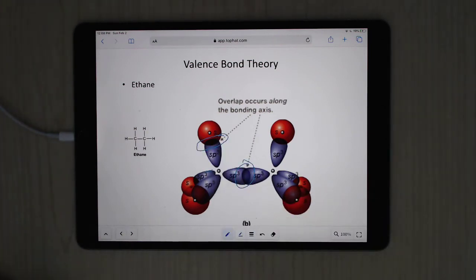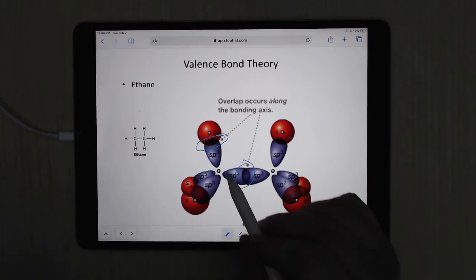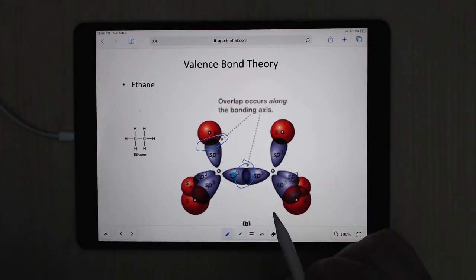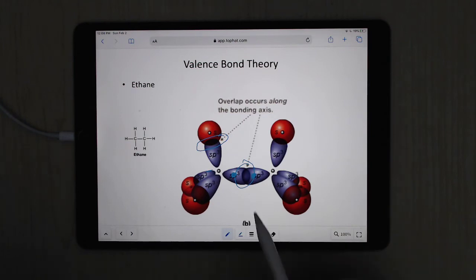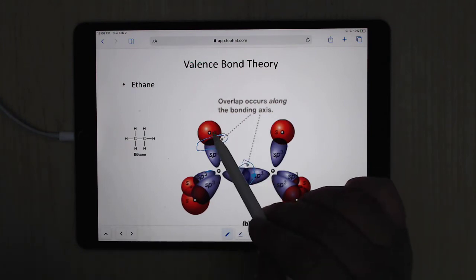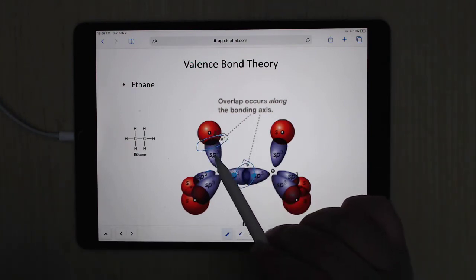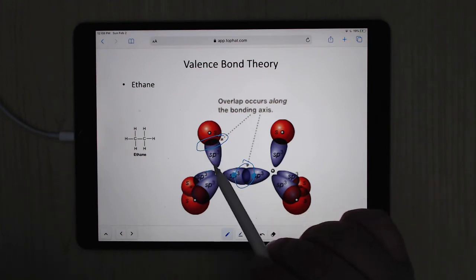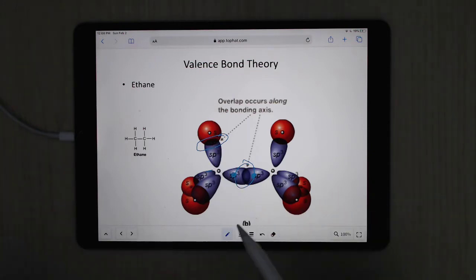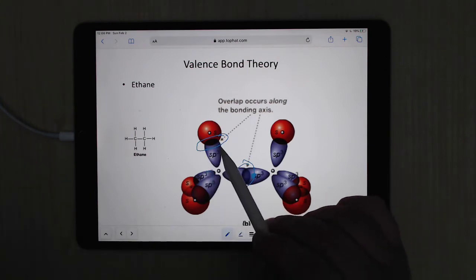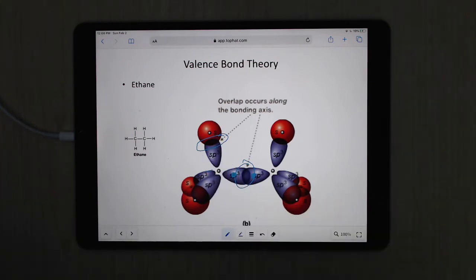If you have 1 electron in this orbital and 1 electron in that orbital, you're going to make a nice bond. Same thing in here: hydrogen has 1 electron, carbon's going to put 1 electron in this hybrid orbital, and you're going to make a nice bond there. They can share it, and hydrogen has its 2 electrons. The carbon has its 2 electrons from this, and everybody's happy.